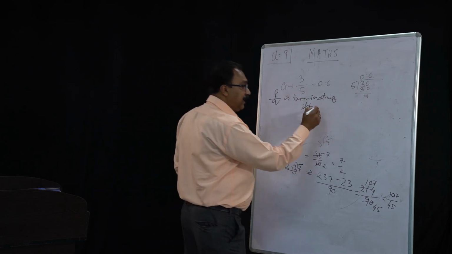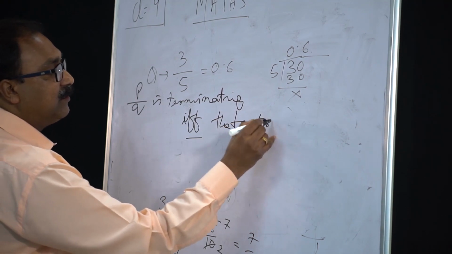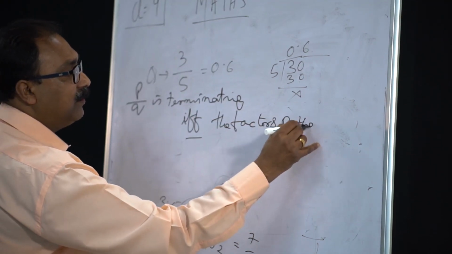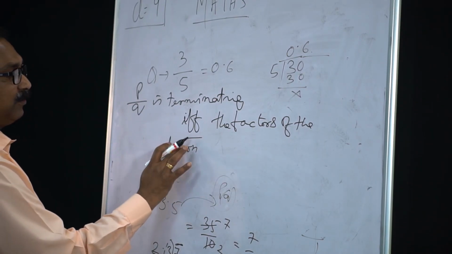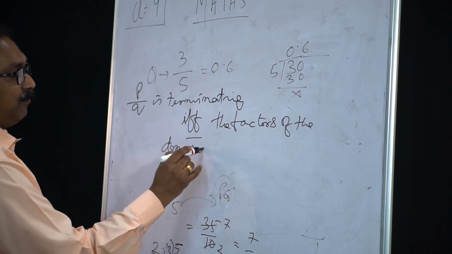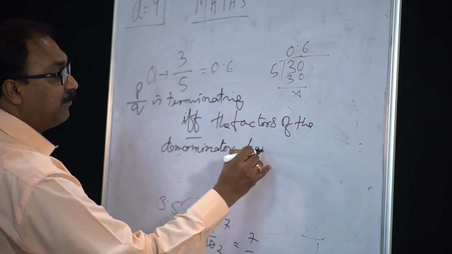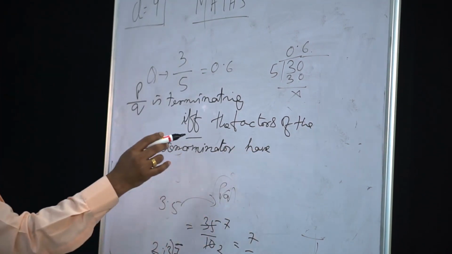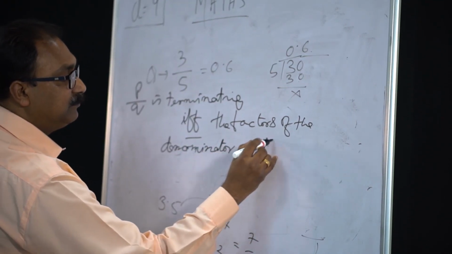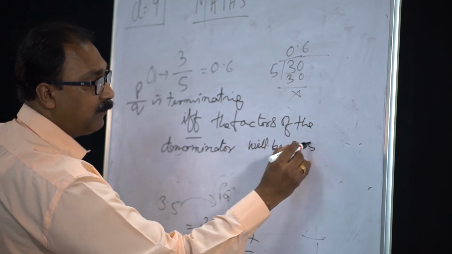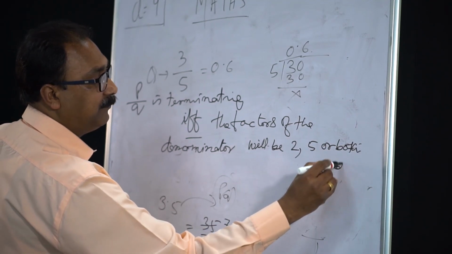So it is terminating if the factors of the denominator will be 2, 5 or both 2 and 5.